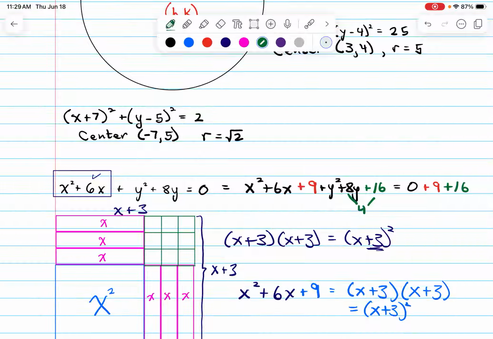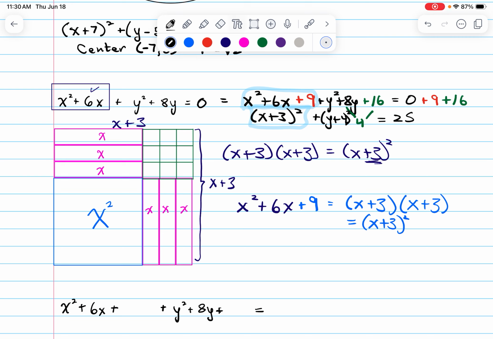I've got the x squared plus 6x plus 9. I can write that as x plus 3 squared. All of this, I write this way. Okay? Now, plus y plus 4 squared equals 25. Okay? This is y plus 4 squared.